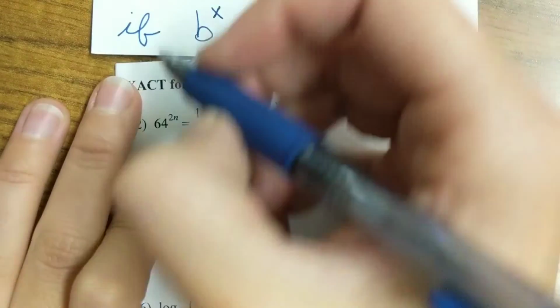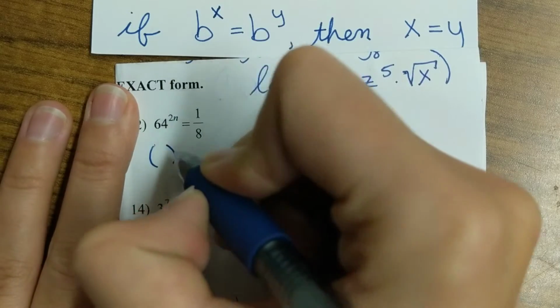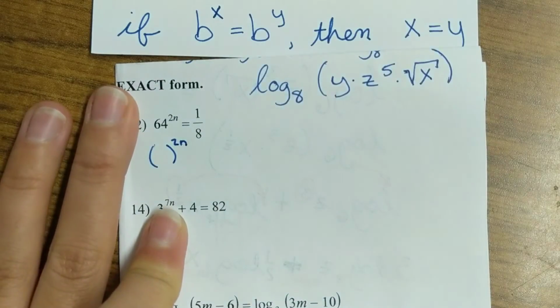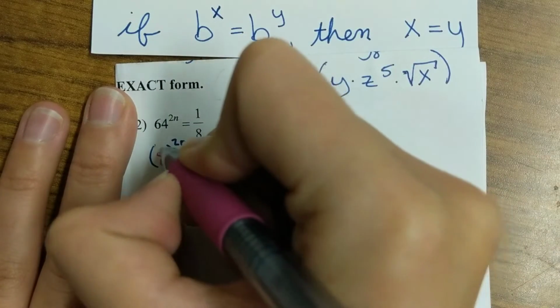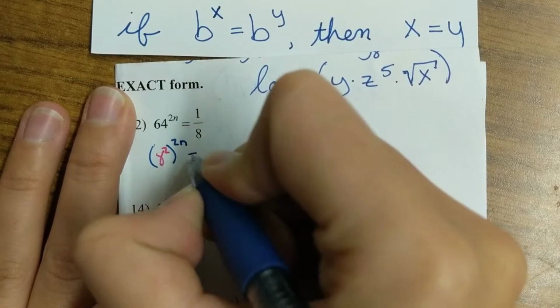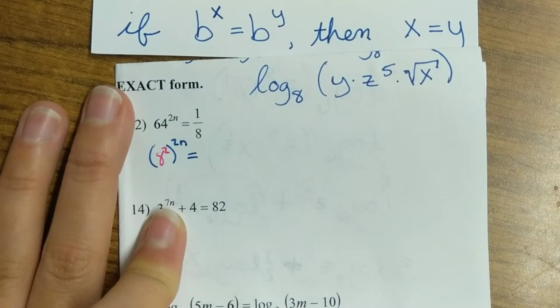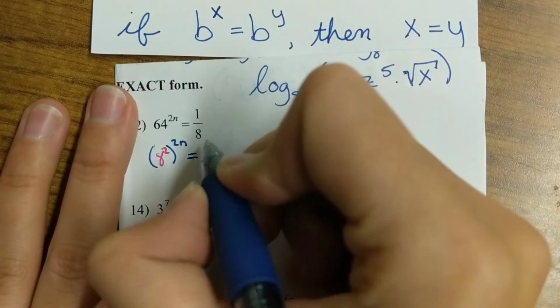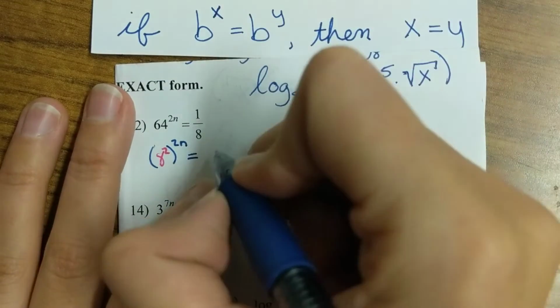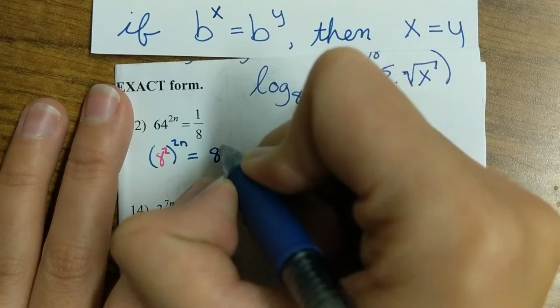So that's what I'm going to do. I'm going to take 64 and turn that into 8 squared. Then I'm going to take 1/8. Okay, so I'm going to rewrite 1/8 as 8 to the negative 1.